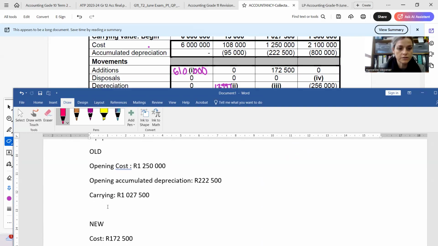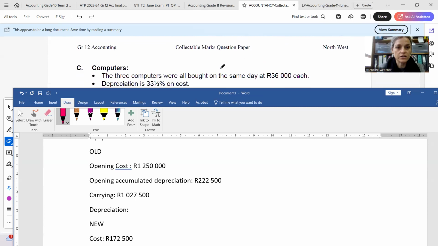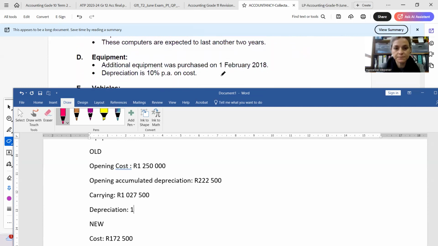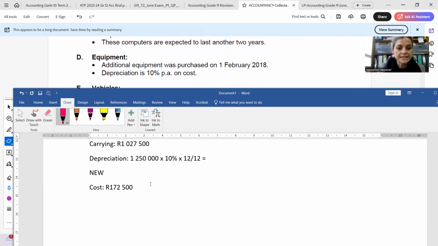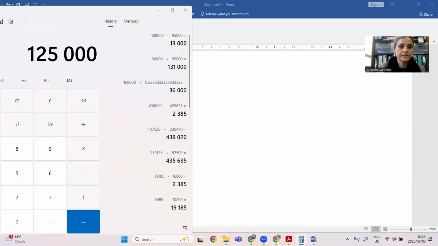So your old equipment's depreciation for the year is still calculated on cost, at 10%, and you earn this for the full financial year. Whereas the new one, the depreciation at 10%, but only for 4 out of the 12 months. So we had the 1,250,000 times 10% for the full year, so your 125,000.